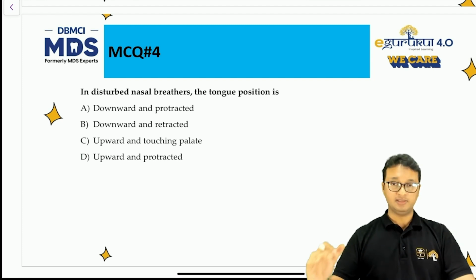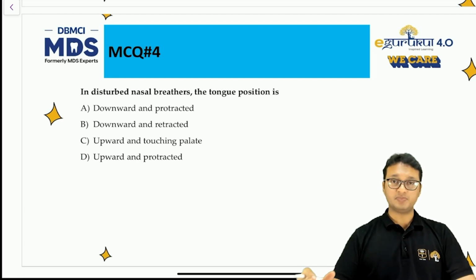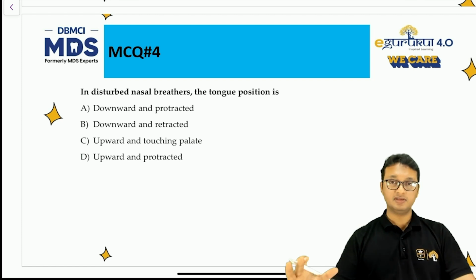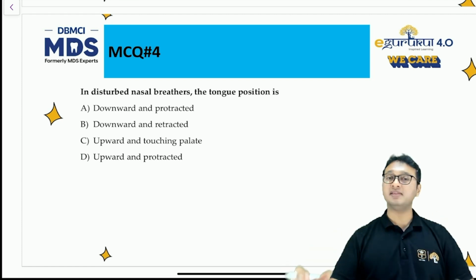In the chapter on functional development, I've told about the physiology behind buccinator mechanism and the clinical application of the same in a very comprehensive manner.